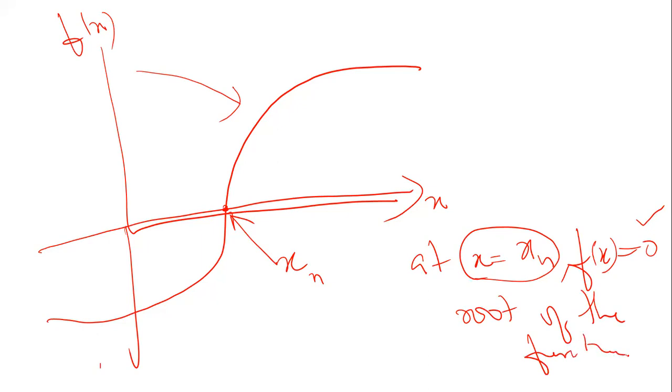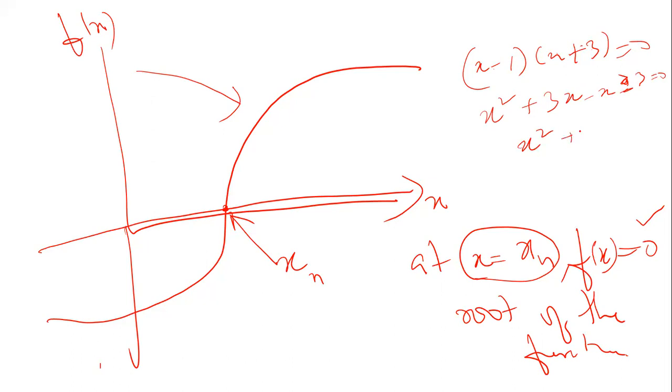Now let's say I have, for example, x minus 1 times x plus 3. Just a minute, let me multiply this: x squared plus 3x minus x minus 3 equal to 0. So x squared plus 2x minus 3 equal to 0.